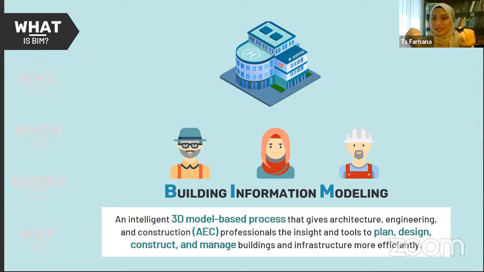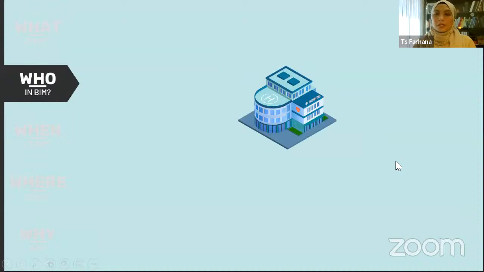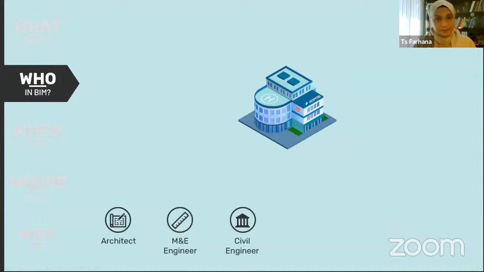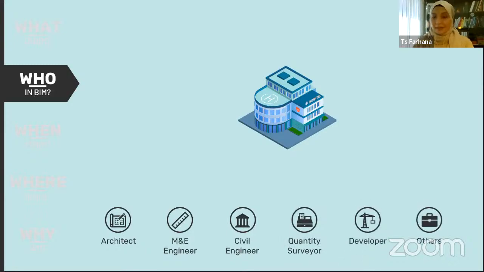Basically, it's not only on the 3D model, but it's a platform for you to do all this plan, design, construct, and manage together with all these other professionals. So who is in BIM? I will say all consultants and even owner, and even after that, facility manager, etc., etc.